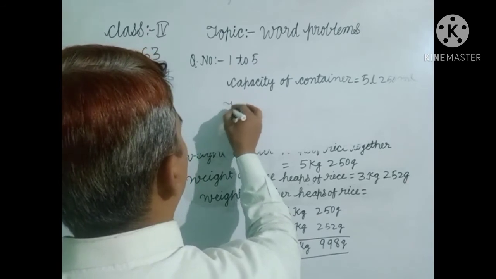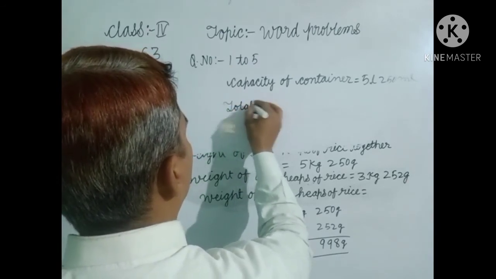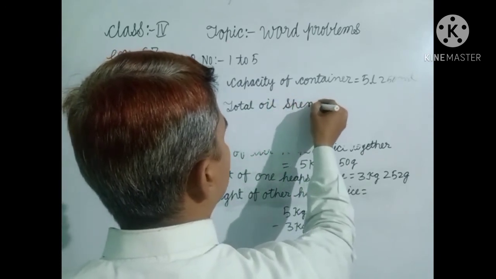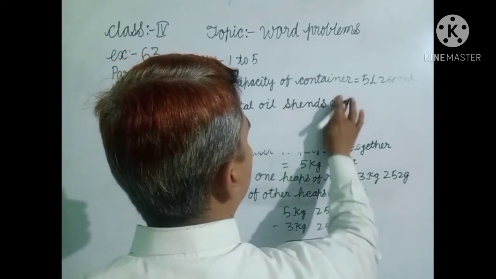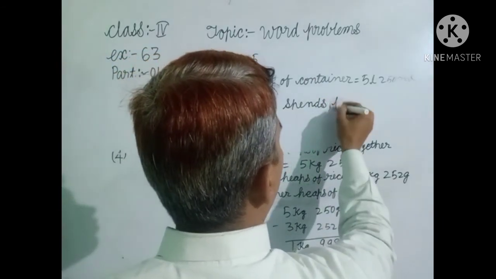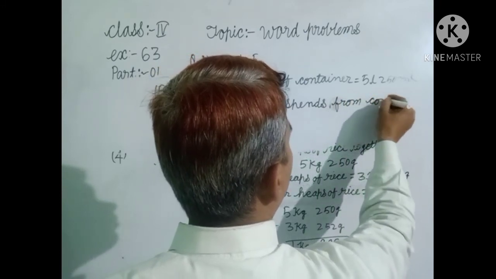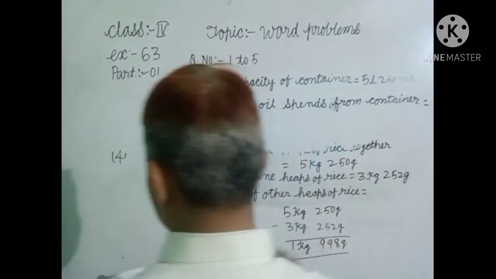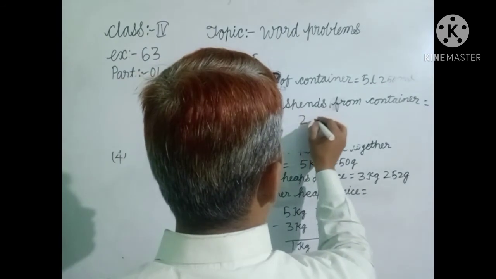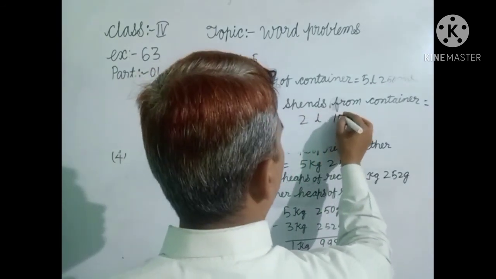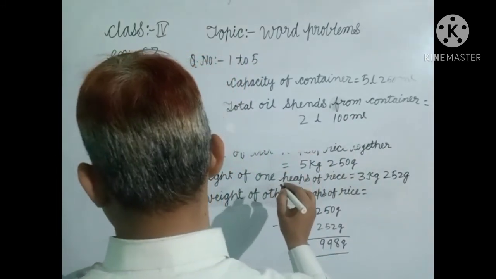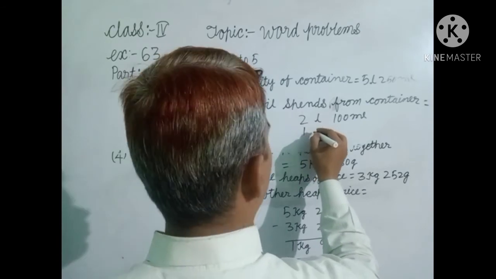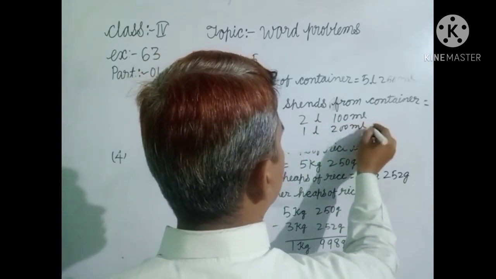Total oil spent from the container is equal to 2 liters 100 milliliters and 1 liter 200 milliliters spilled.